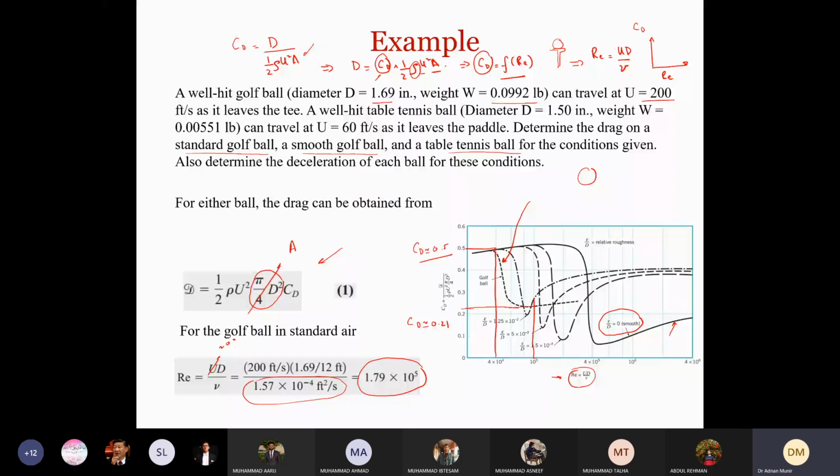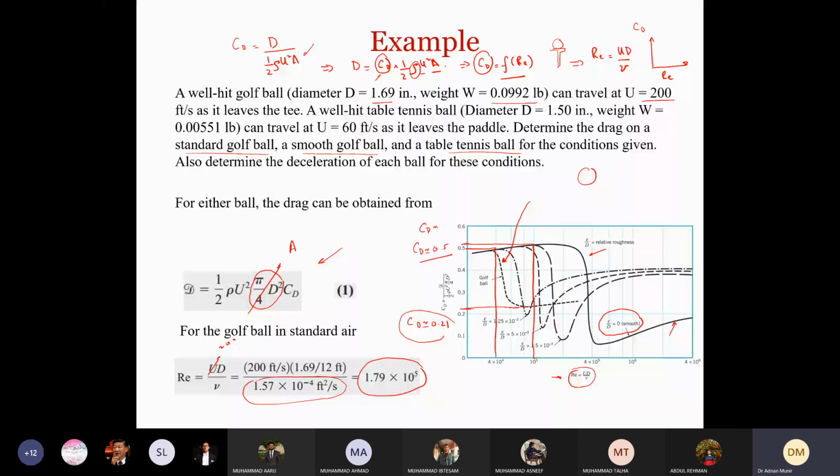For the standard golf ball, we found that CD was around 0.25, right? Then we have the smooth golf ball, where the Reynolds number is 1.79, and we can also use the graph for the smooth golf ball. Here CD is 0.51.